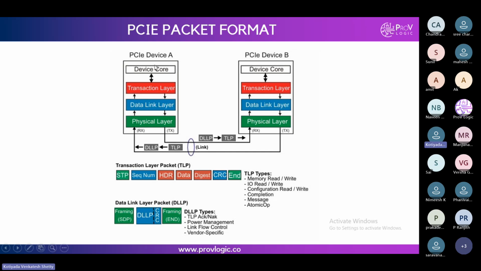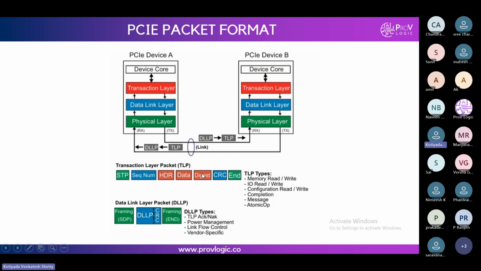The data comes from the application layer, which can be AXI or anything else, nothing but the device core. In the transaction layer, we add the header and digest.